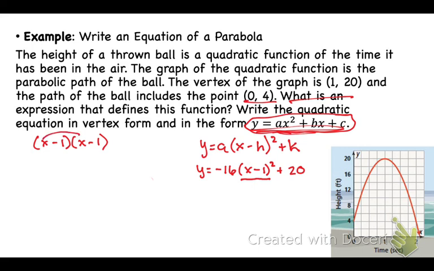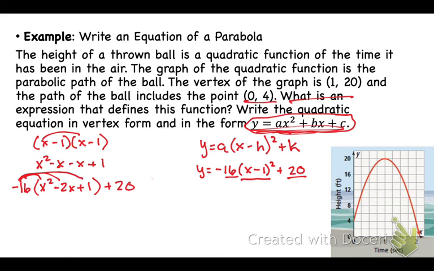So I have x squared minus 2x plus 1. And then I have negative 16 and plus 20, correct? So I have to distribute my negative 16.